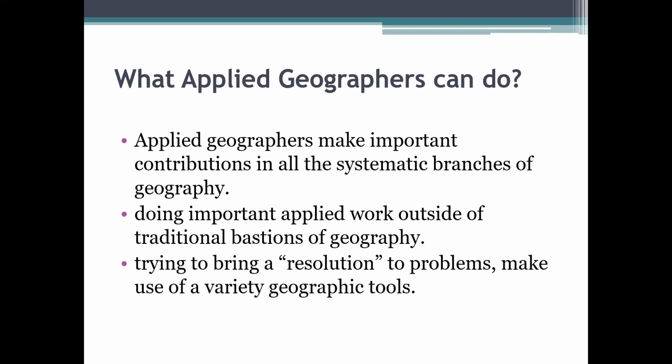Urban geography is a systematic branch. Rural, social, political, agricultural geography and climatology are all systematic branches of geography. Therefore, an applied geographer can serve to improve these systematic branches. In that sense, the applied geographer's role is important.